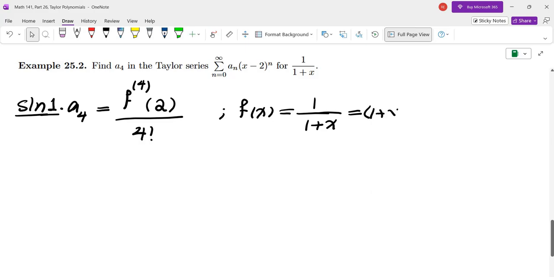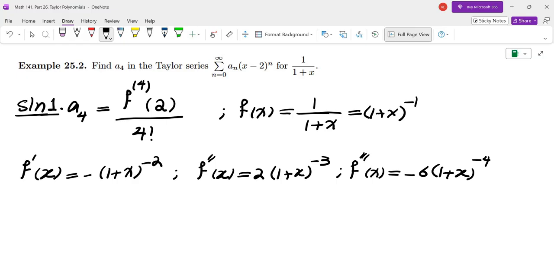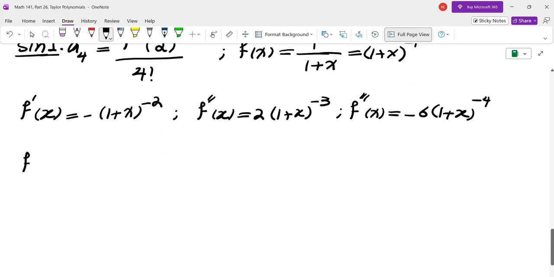This is (1 plus x) to the power of negative 1. So we can take the derivative. The derivative is negative (1 plus x) to the power of negative 2. The second derivative is 2 times (1 plus x) to the power of negative 3. The third derivative is negative 6 (1 plus x) to the power of negative 4. And the fourth derivative is what I need.